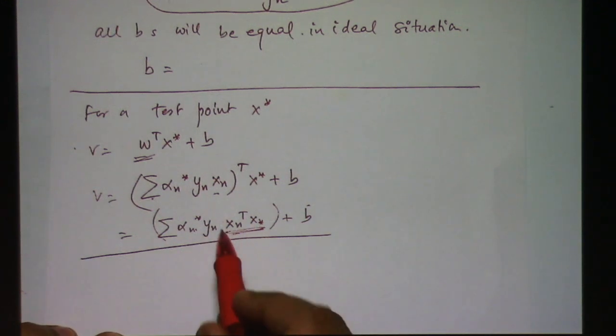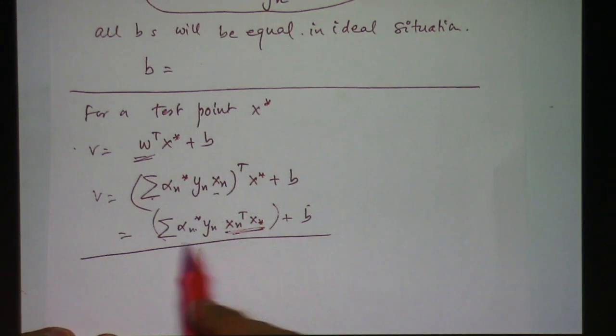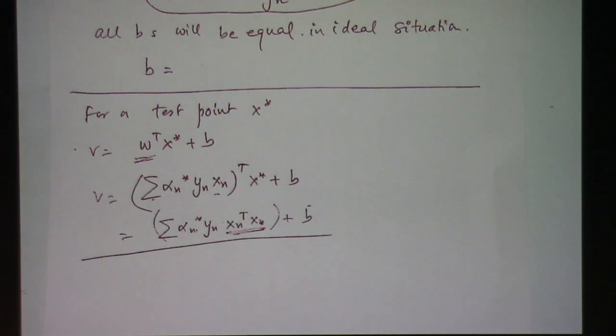But for now, one thing I want to point out is that when you do your training, the things that you will save are not W and B. The things that you will save are B and your alphas. But because only some alphas will be useful, corresponding to the support vectors, you don't have to save all your alphas.